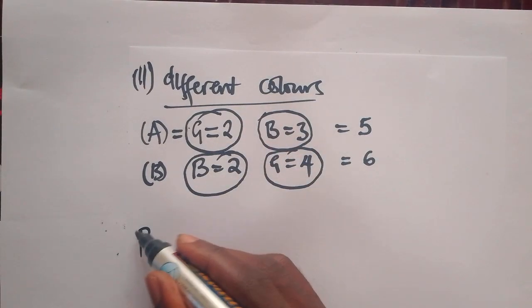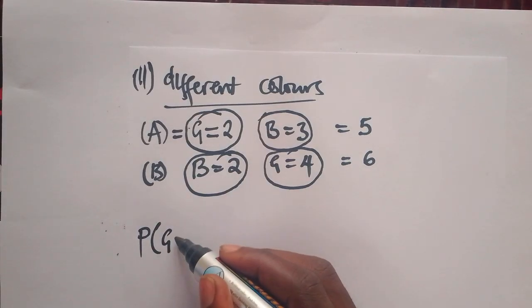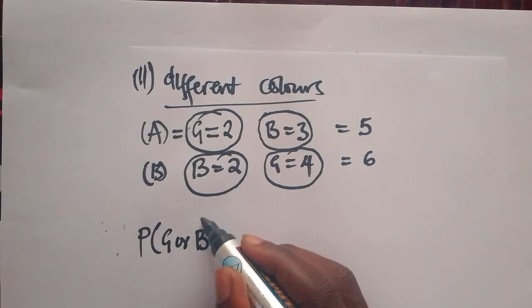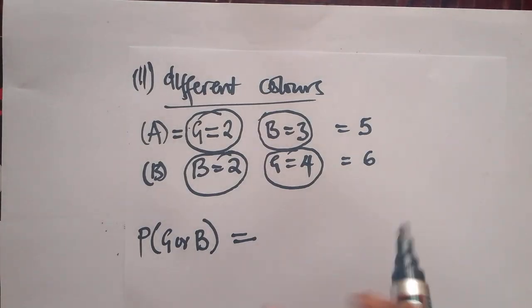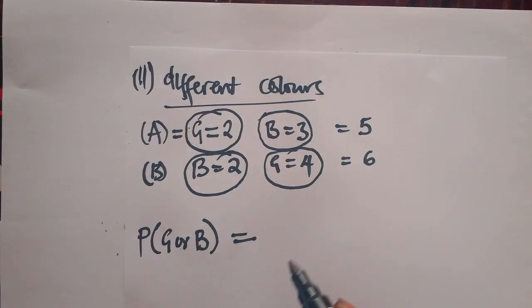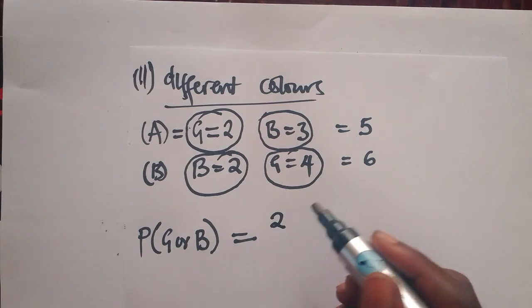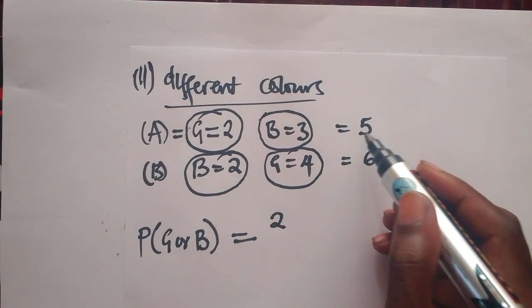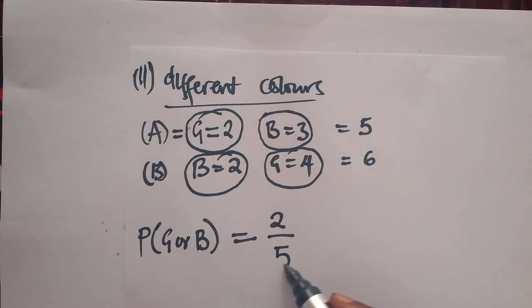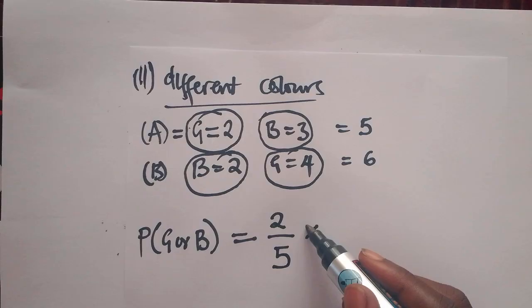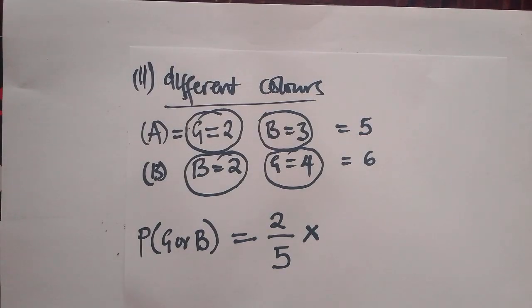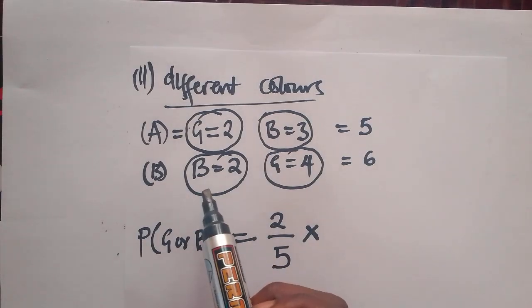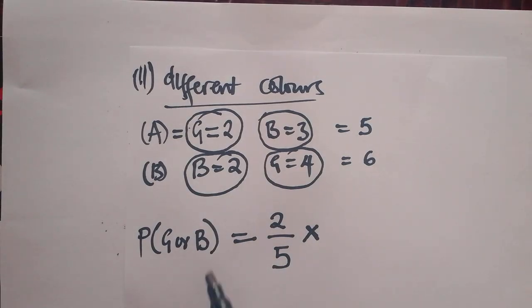So the probability of picking green then blue: in box A, how many greens do we have? We have 2. And how many balls altogether? We have 5. So it's 2 over 5 multiplied by, remember, multiplication represents that these events are independent. Then you go to box B. How many blue do we have?